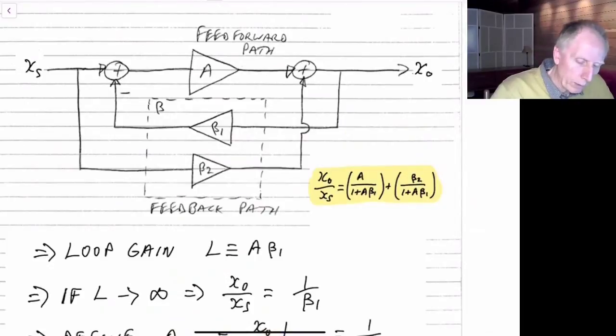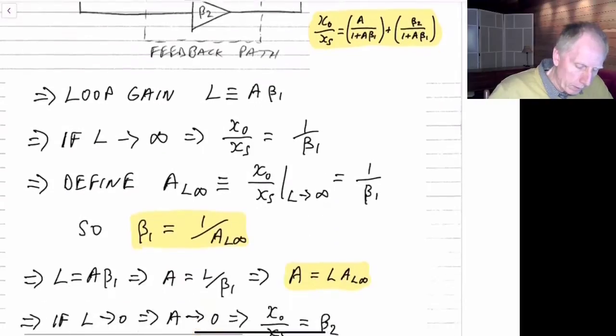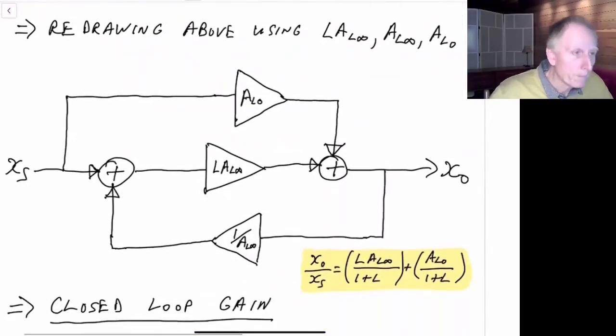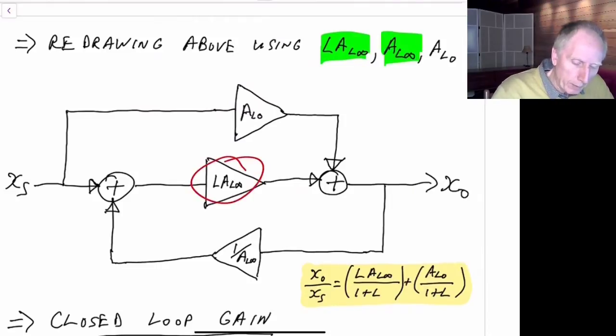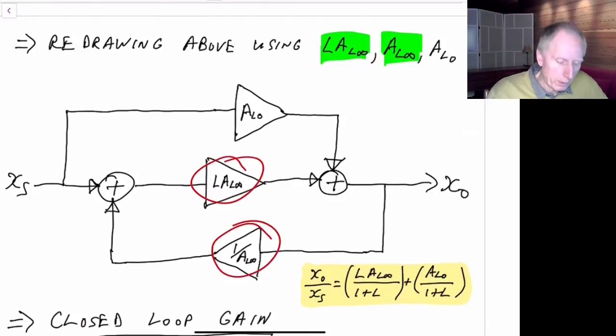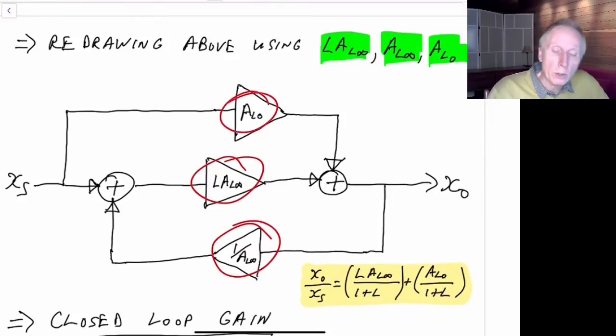So we can redraw this entire block diagram, shown like this, where now we're using the term L times A sub L infinity for A, which would be here. We're using the term 1 over A sub L infinity where beta 1 was. We're also using A sub L0, and that was where beta 2 was.